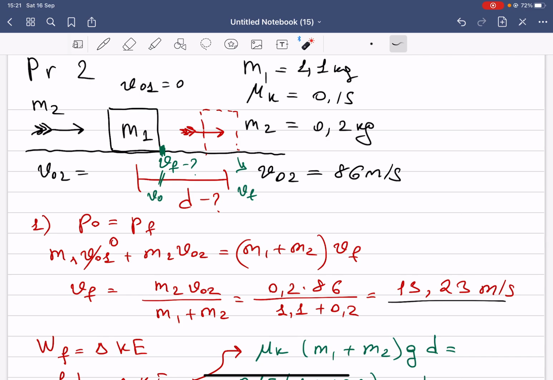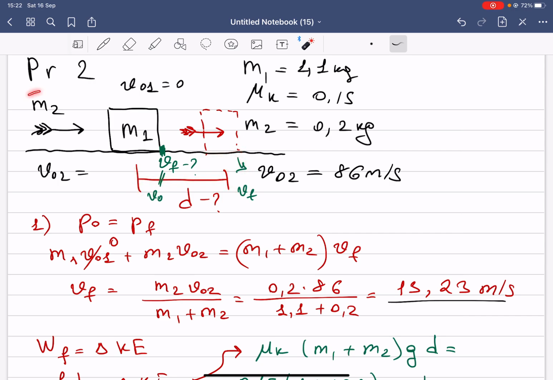So we know that when it hits and moves a certain distance, the final velocity of the box becomes 0, and it stops, and we have to find that distance, okay? Now, we have to divide this into two parts.